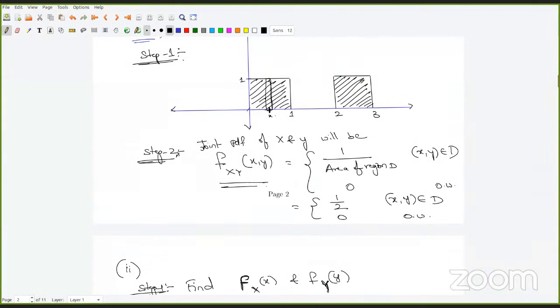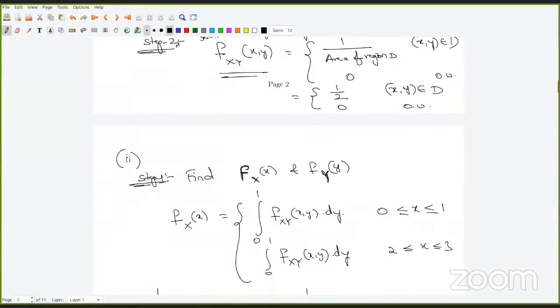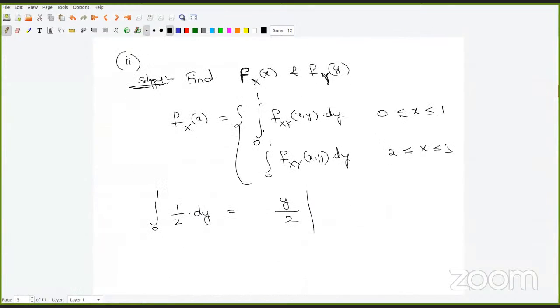In this particular case, when x is in between 0 to 1, our y limits will be from 0 to 1. We want the marginal density of x, so we integrate the joint density function with respect to the support of y. We sum it over all the values of y in between 0 and 1. That is what this integral 0 to 1 means.